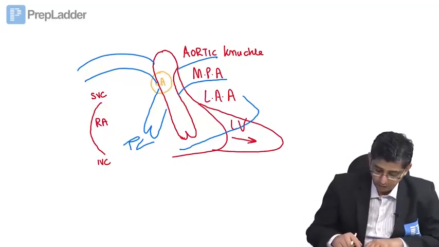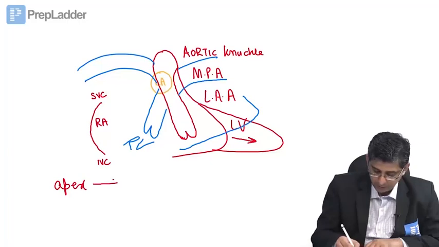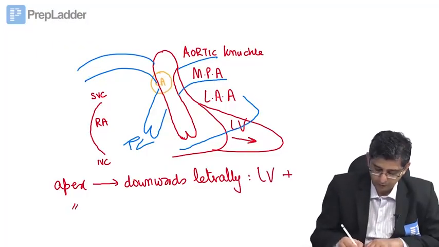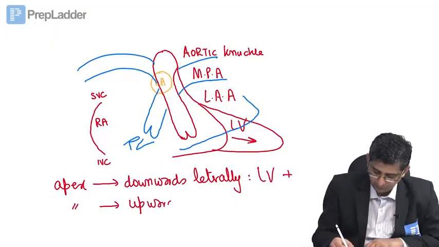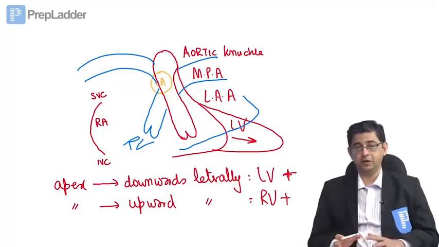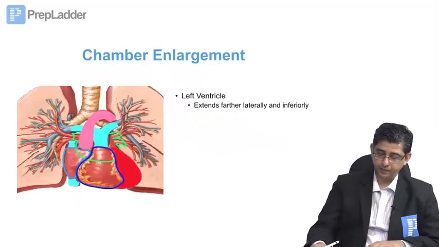So if you have an apex beat which is displaced downwards and laterally, it indicates left ventricular enlargement. Whereas if the apex is pushed upwards and laterally, it indicates a right ventricular enlargement. So enlargement of the left and the right ventricle has been asked. That is why this image is there.